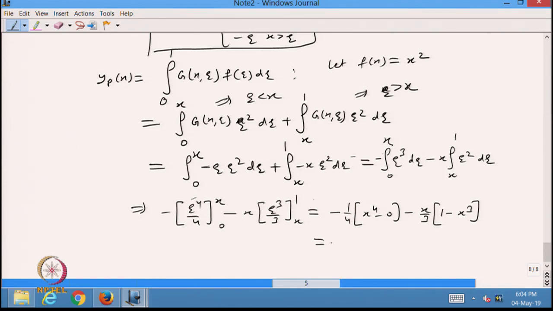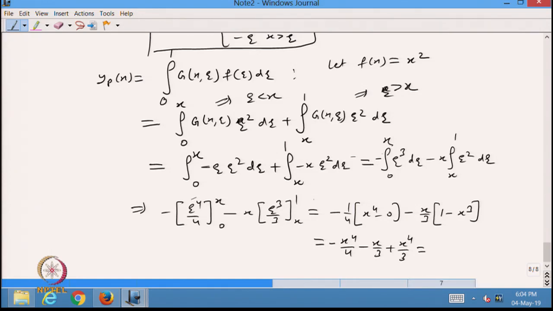Once I get this value, I will get minus x power 4 by 4 minus x by 3 plus x power 4 by 3.